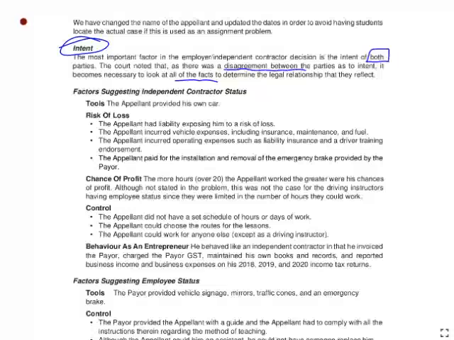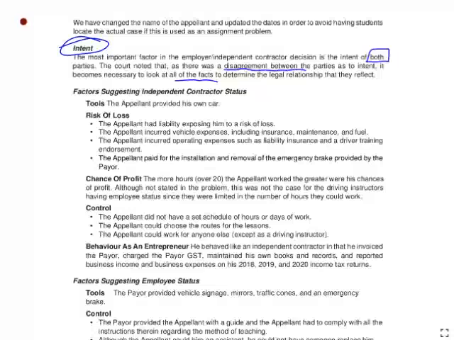The worker also received fees for new bookings, student home pickups, and a fuel subsidy, so they got the gas covered. The worker was sending invoices to the payer. You'll notice some of these are on that list we were talking about at the end there. Here are some things the employer can try to do to protect themselves: get a contract, pay them properly, make sure there are invoices, that sort of thing.